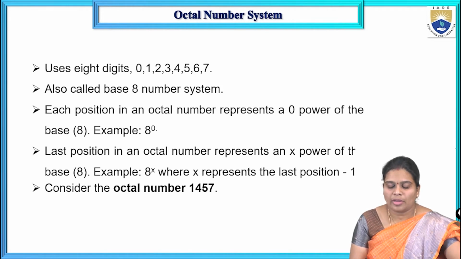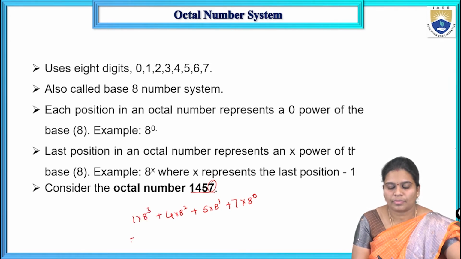Here we are taking the octal number 1457. The first bit of this number is 7. In the octal number system the base value is 8. So 7 into 8 power 0 plus 5 into 8 power 1 plus 4 into 8 power 2 plus 1 into 8 power 3.